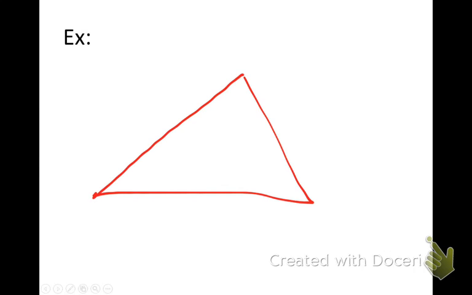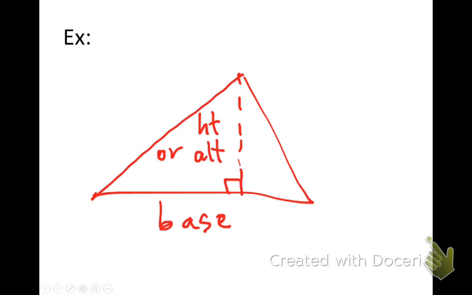Here's an illustration. There's the base. This is the side the altitude is drawn to, and we call this height or altitude. The dotted line is the height or the altitude of the triangle.